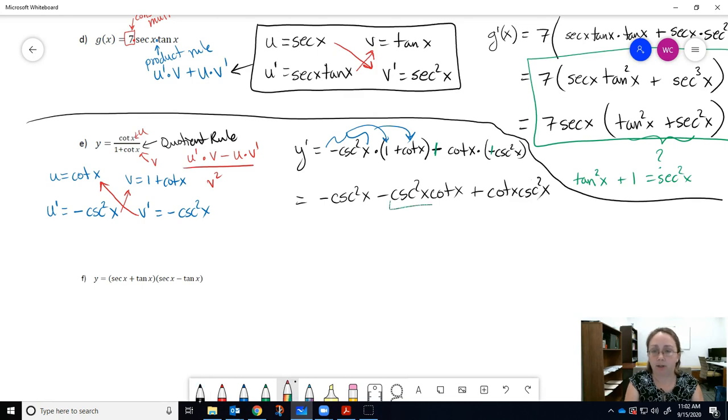We actually have like terms right here. One's negative and one's positive, so they cancel. And we end up with just negative cosecant squared of x as the derivative.